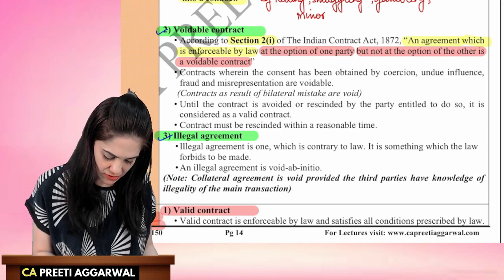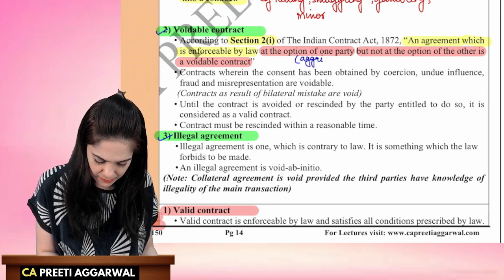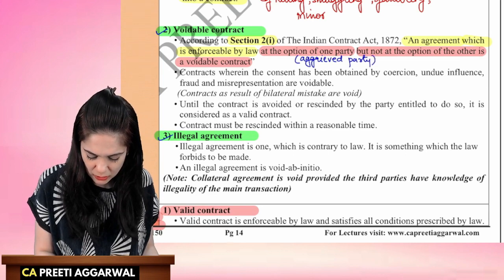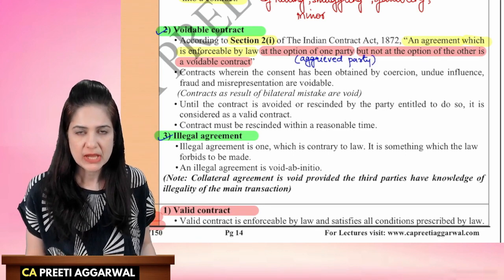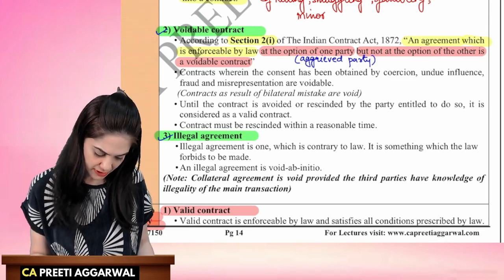It is enforceable at the option of one party. One party is the aggrieved party. Now this option is available only and only with the aggrieved party and not the other party. Then such type of contracts are known as voidable contracts.